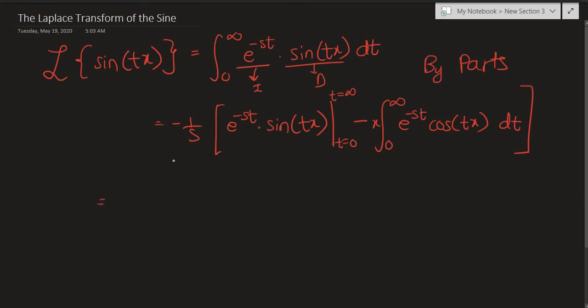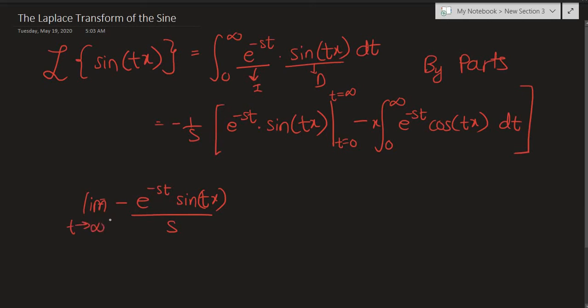So we finally obtain negative e raised to negative st times sine of tx divided by s, and we have to evaluate that at the upper and the lower bounds. So first let's do it at infinity.